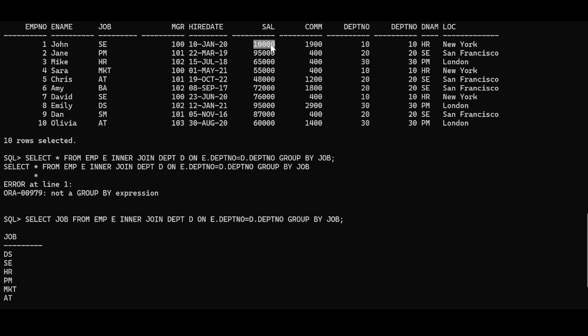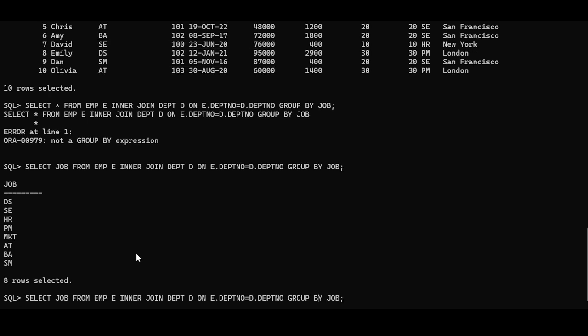Here you have 10,000, and there is another software engineer here with 76,000. It should be 86,000, I guess, isn't it? How can I achieve this? Simply, next to the job column, you need to use an aggregate function. What is that? You can use something like the sum function.